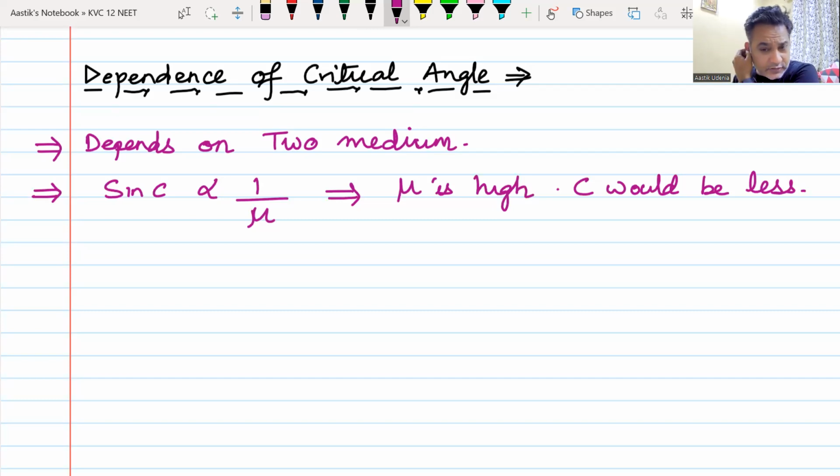Raising hands will give me more confidence that we are on the same page. Yes, sir. Okay. The next point is that the critical angle depends on color, or wavelength of light.